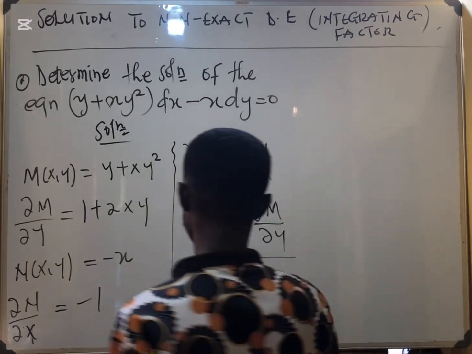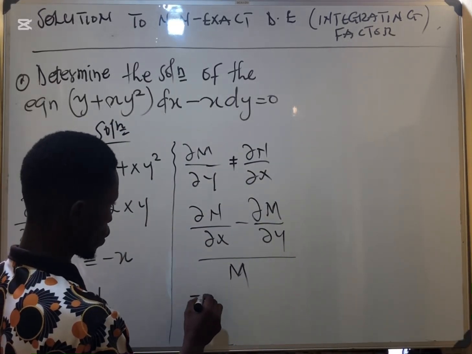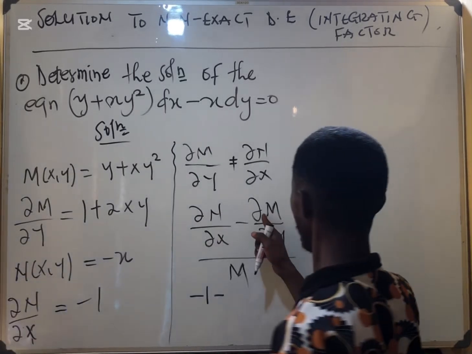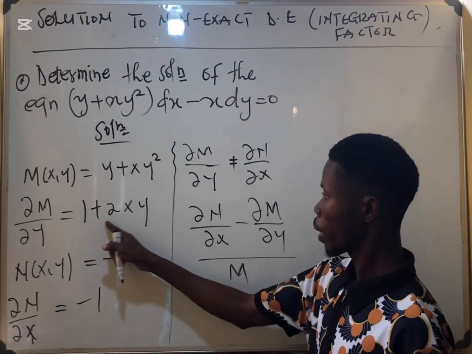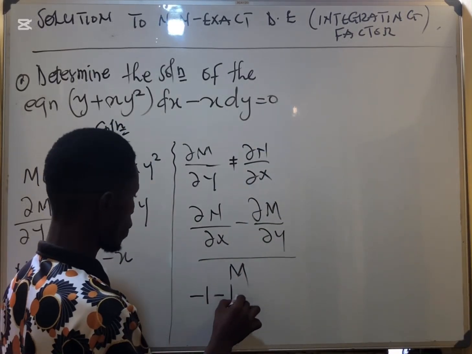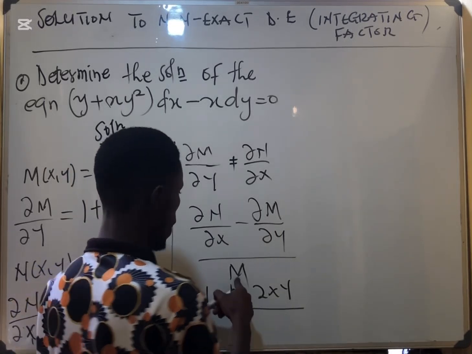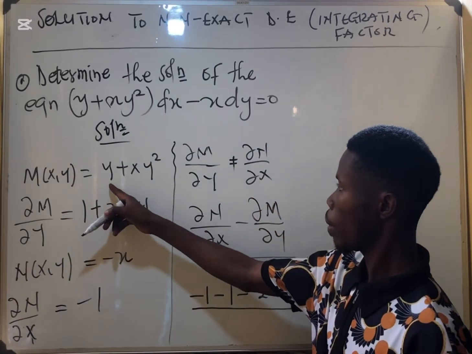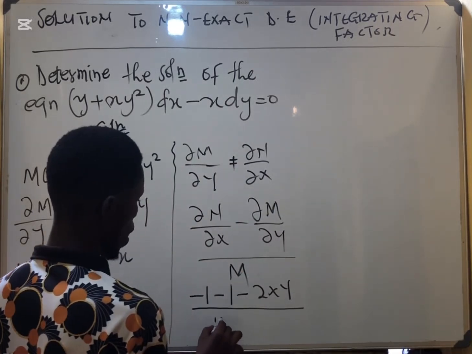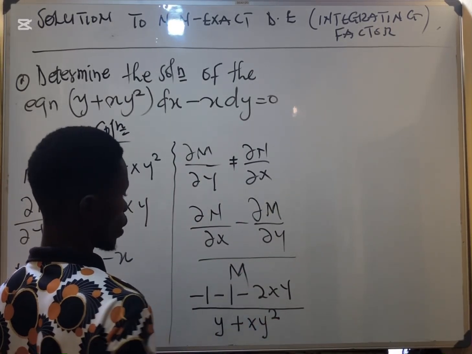So I have negative 1 minus delta M delta y, which is 1 plus 2xy. I'm multiplying the negative through. That will give me negative 1 minus 2xy, and the whole of this is divided by M, which is y plus xy squared.